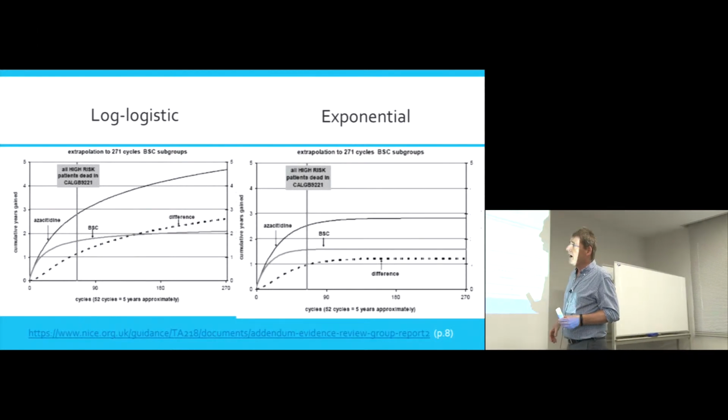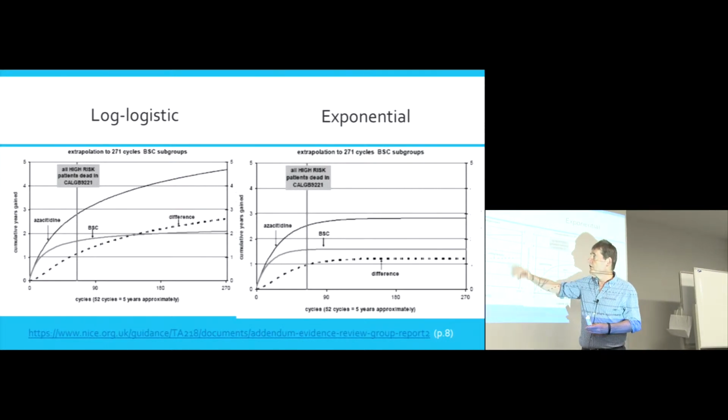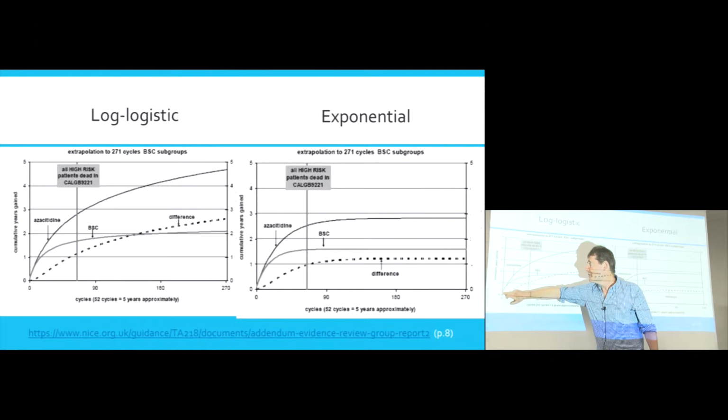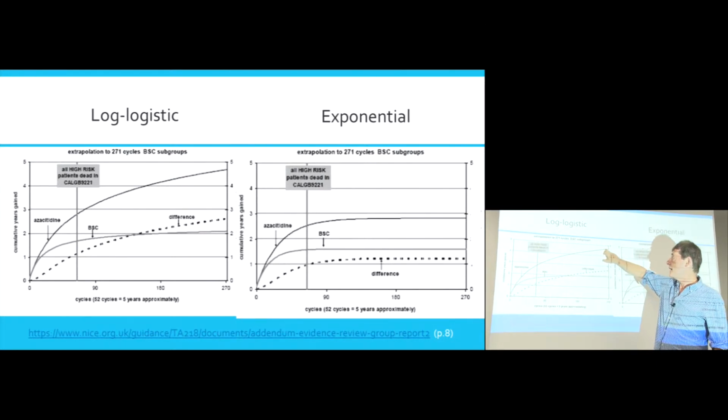And so what happens is we take the data from the trial, we observe what happens to these patients during the trial, and to those data points, we fit a curve. And in this case, it's a log-logistic function that's used, and that gives us this predicted accumulation of years of life.